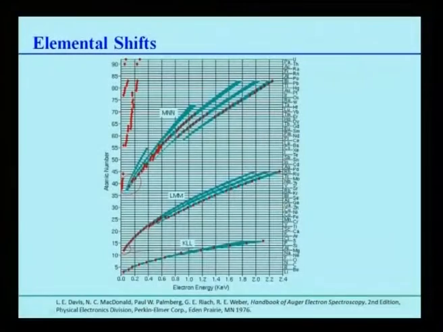Not only that, there will also be chemical shift if you consider only elements which are very close by, suppose boron and aluminum. So there will be some chemical shift possible even in KLL transitions because of the electron configuration change or charge transfer issues in the alloys.